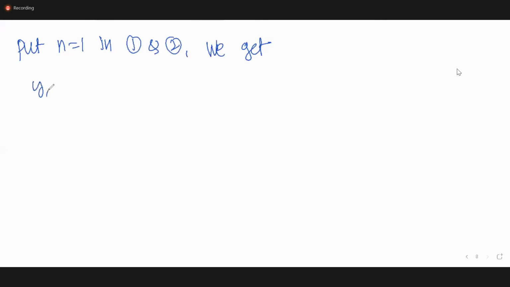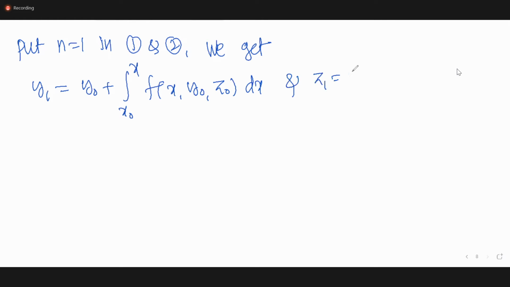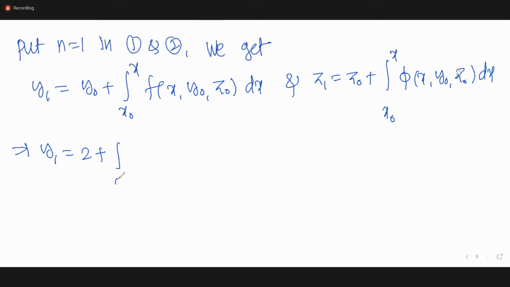We get y1 is equal to y naught plus integration from x naught to x of f of x comma y naught comma z naught dx, and z1 is equal to z naught plus integration from x naught to x of phi of x comma y naught comma z naught dx.